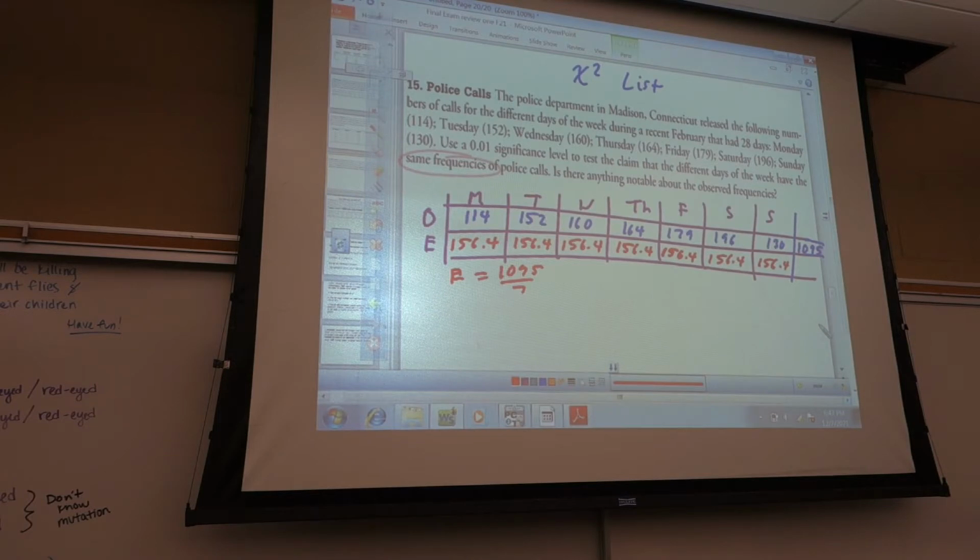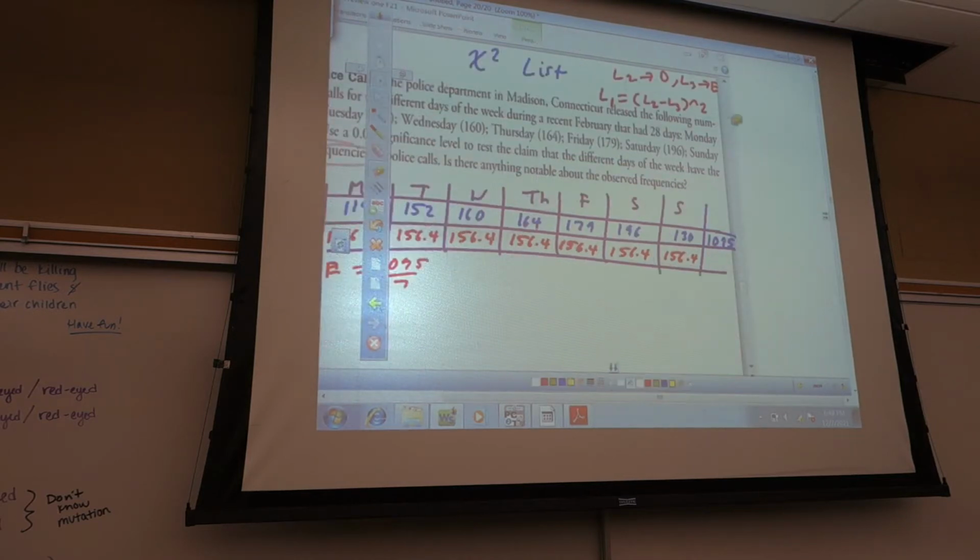Some people did not write this in your notes. So in your notes for 11.2, make sure you have written down the chi-squared formula. In L2 you put your observed, in L3 you put your expected, and in L1 you put in parentheses, L2 minus L3, squared, divided by L3.